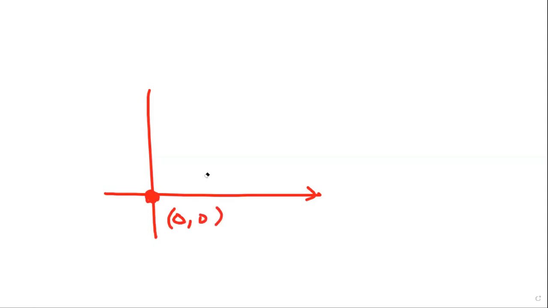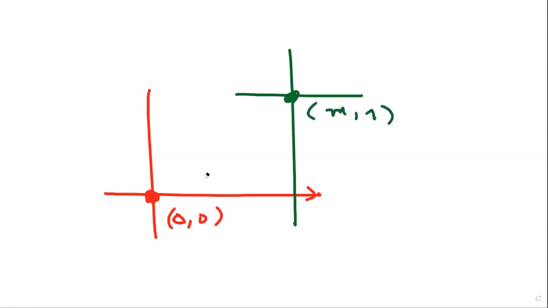Let's look at two-dimensional movement. So we need to model two-dimensional movement. Let's assume the original frame is right here, called 0, 0. Now you go to a new frame, located at the so-called MN point.